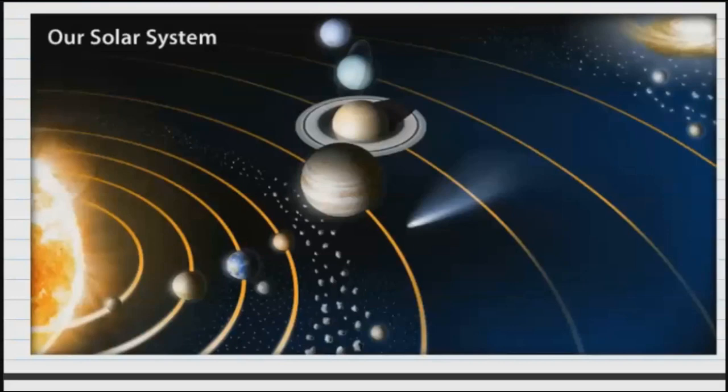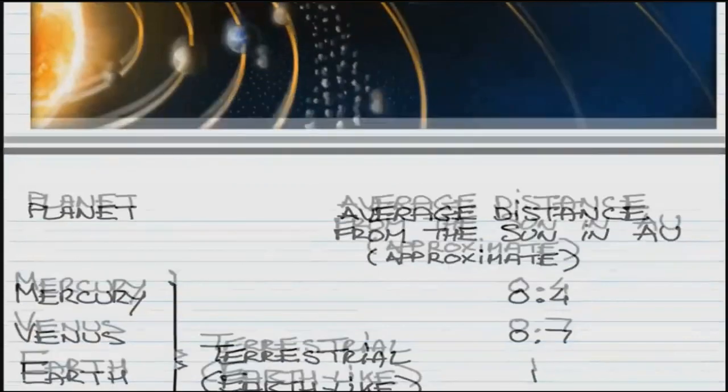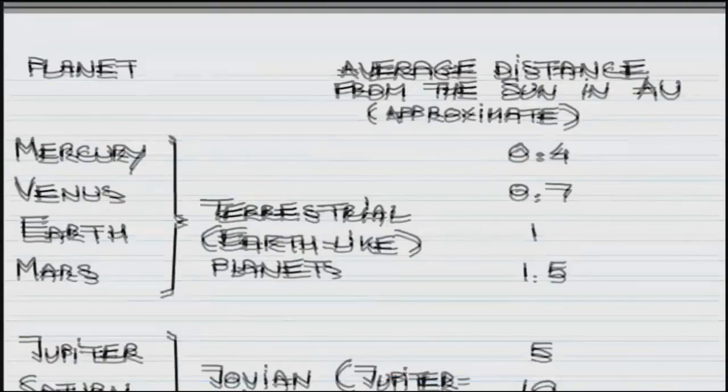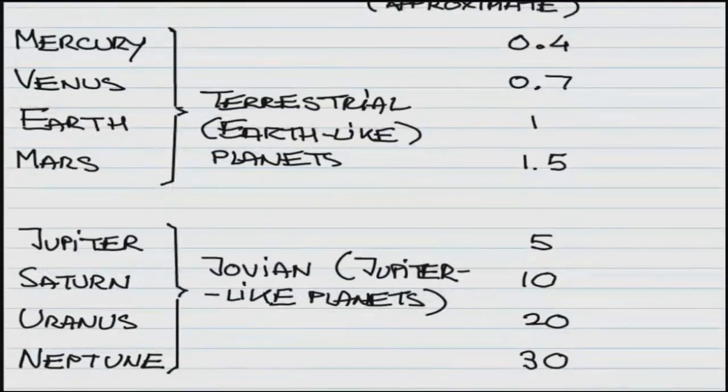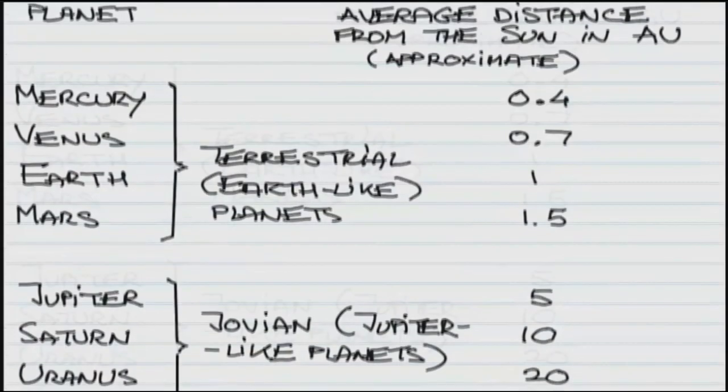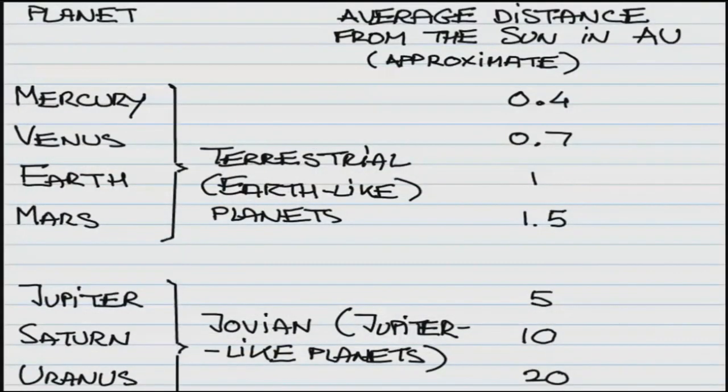Now, here I give a list of planets and their approximate distance from the sun. And there are two groups of planets. The first group consists of Mercury, Venus, Earth, and Mars, and they are collectively called terrestrial or Earth-like planets.